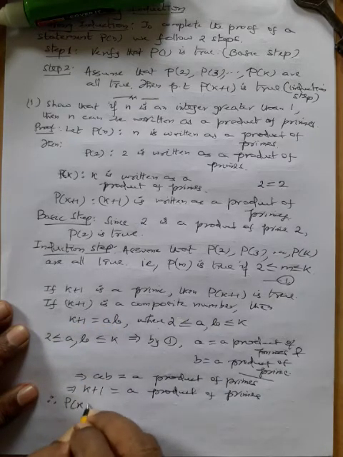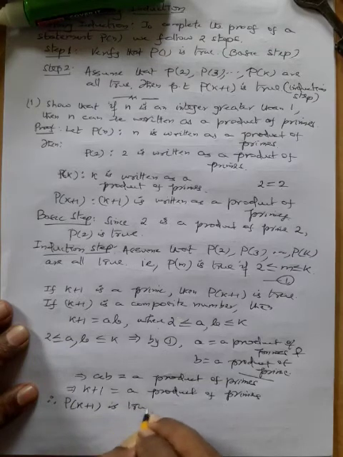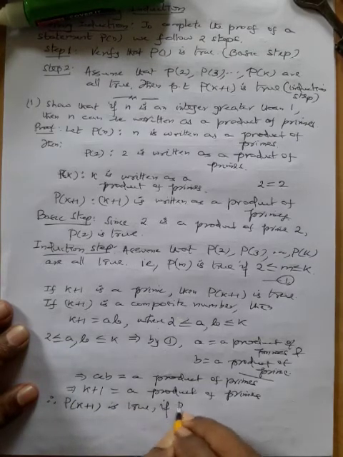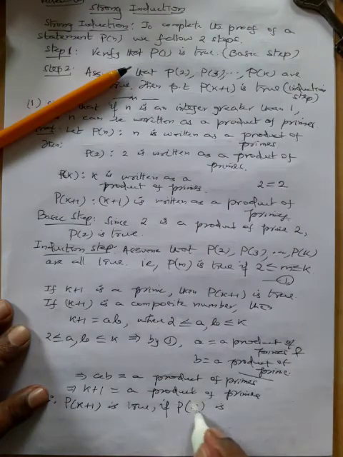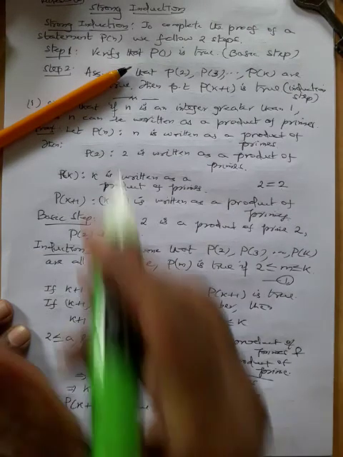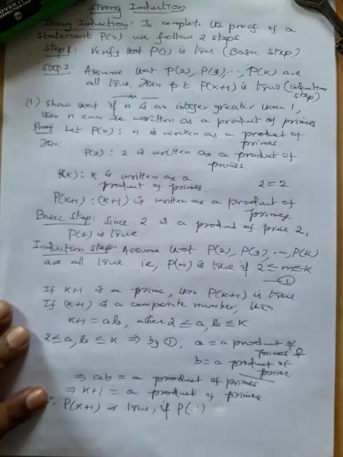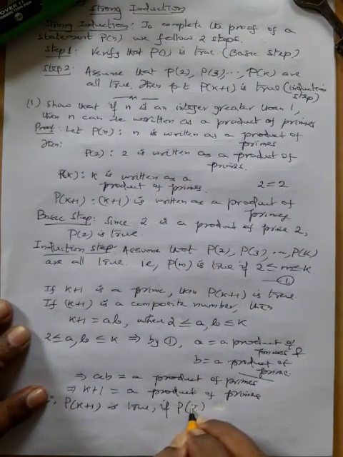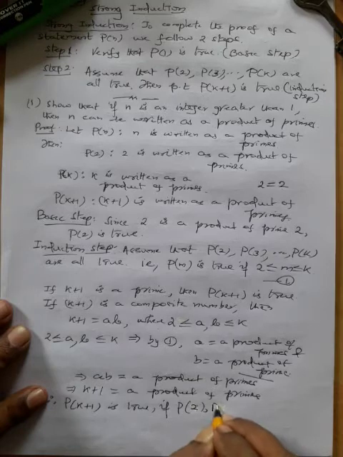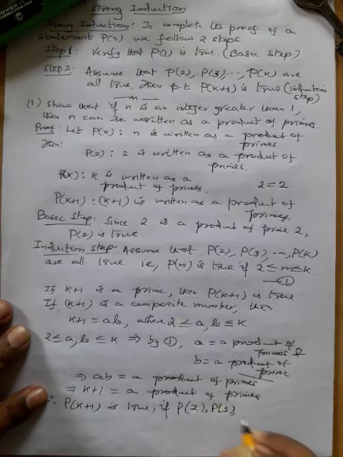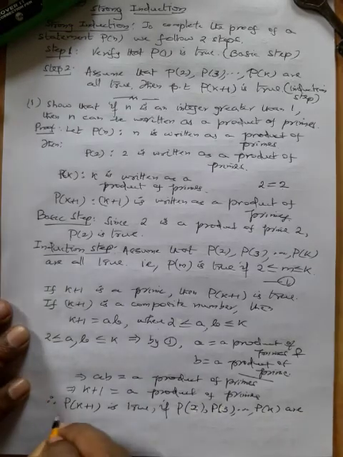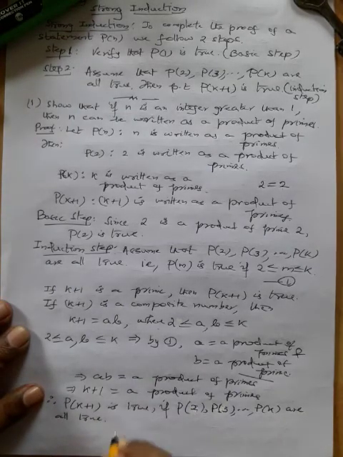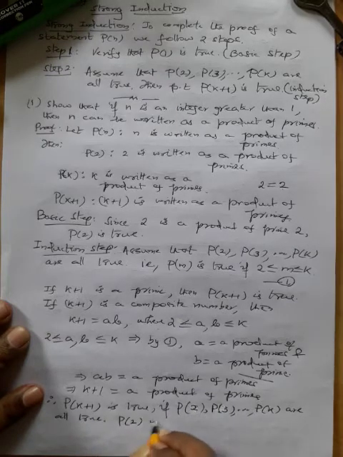Therefore P of k plus 1 is true if P of 2, P of 3, etc., P of k are all true. P of 2 is true.